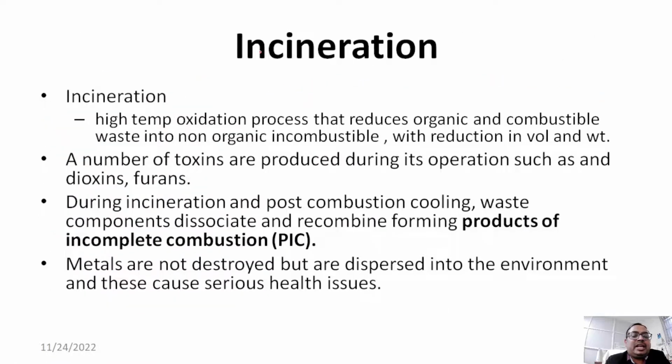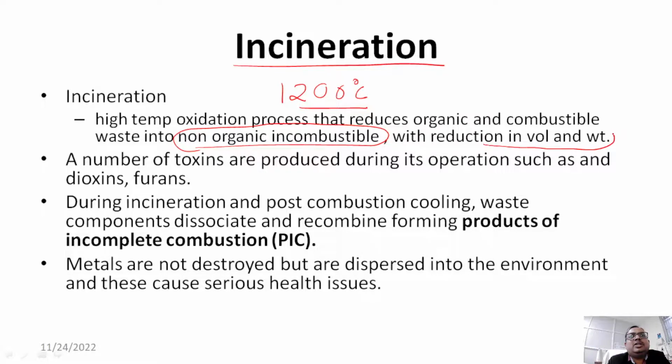So incineration, as it is said, is burning of organic waste at a higher temperature of approximately 1200 degrees centigrade, which reduces the organic load, and it converts the organic into non-organic and incombustible, combined with at the same time reduction in volume and the weight of the waste.